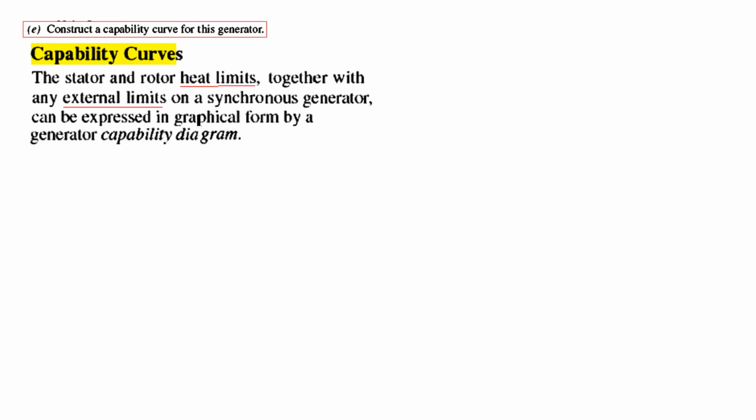In the capability curve, the stator and the rotor heat up, and that limits the performance, together with any external limits of the synchronous generator. It can be expressed graphically by the capability diagram. So the first thing we need is to find Q from this formula. In the book it has been derived. And what is this actually?